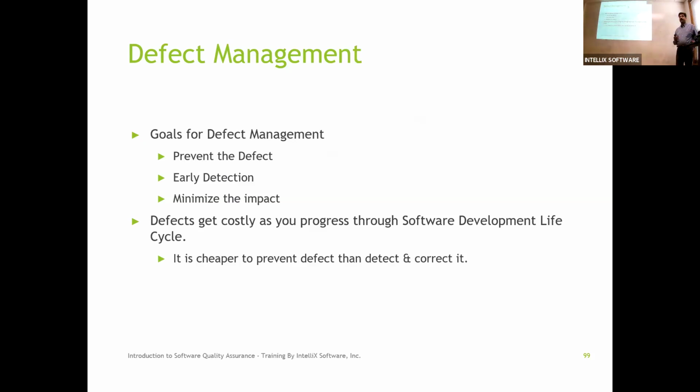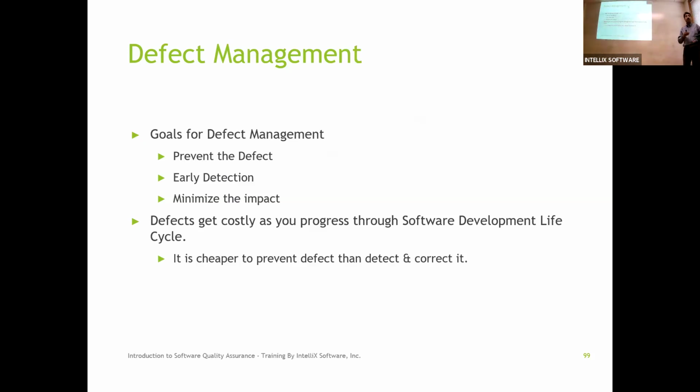And once you identify it, your responsibility is to make sure its impact is minimized or mitigated. So in any defect management process, you're going to have those three goals.